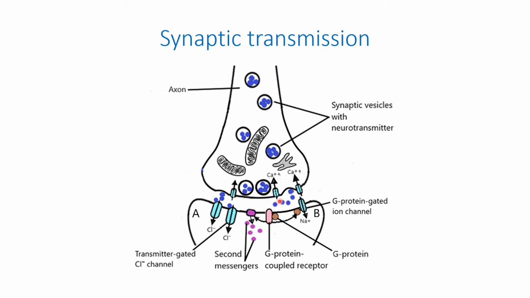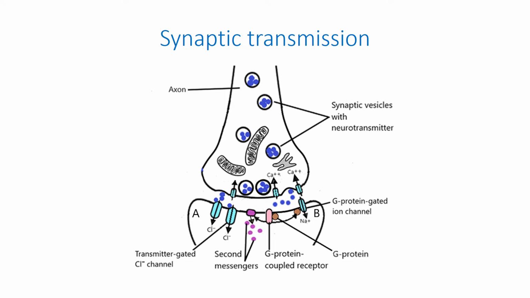Some neurotransmitters bind to G-protein-coupled receptors, which are metabotropic. They activate G-proteins, which in turn activate effector proteins, G-protein-gated ion channels, or primary effector proteins.